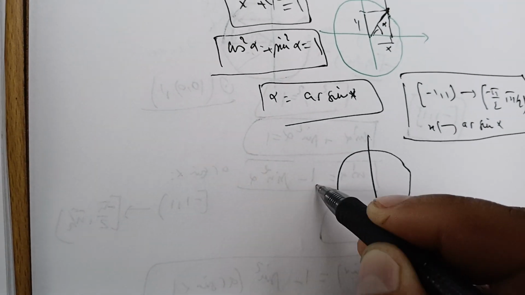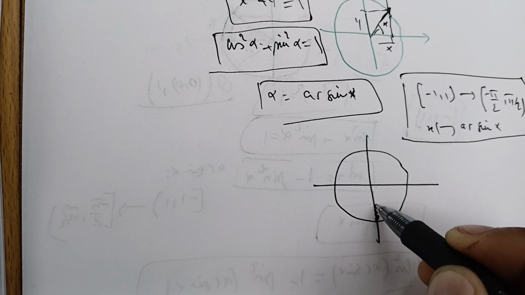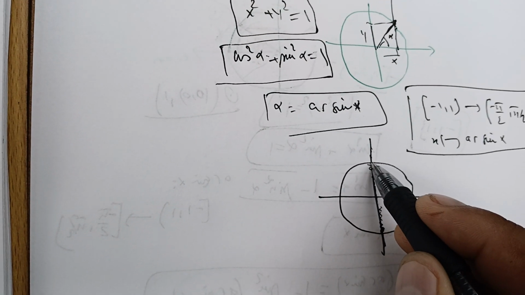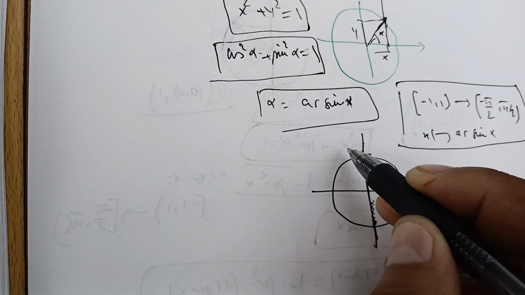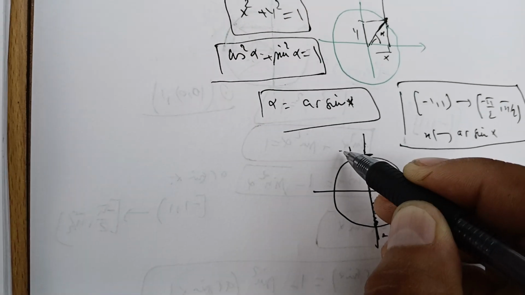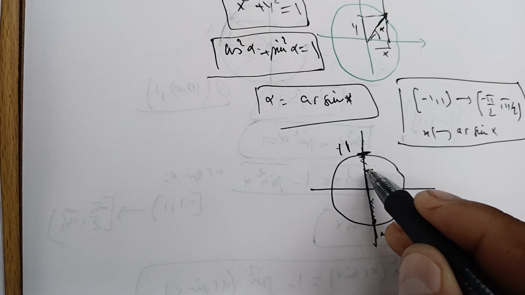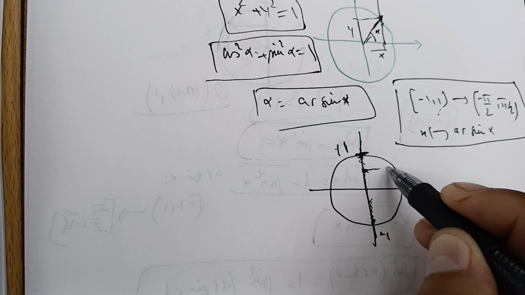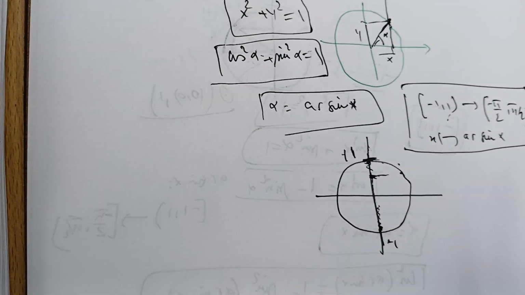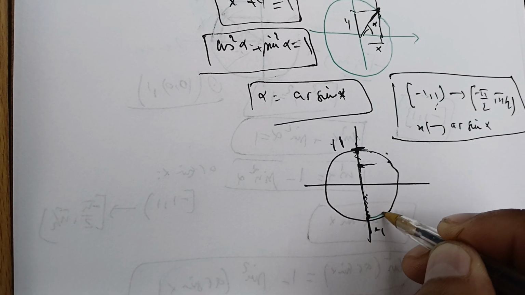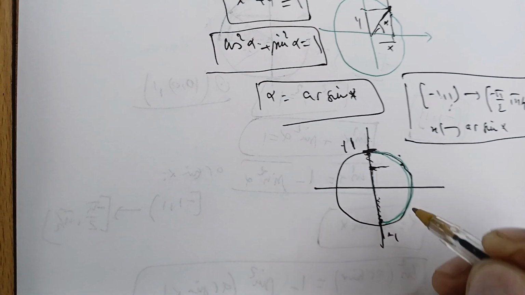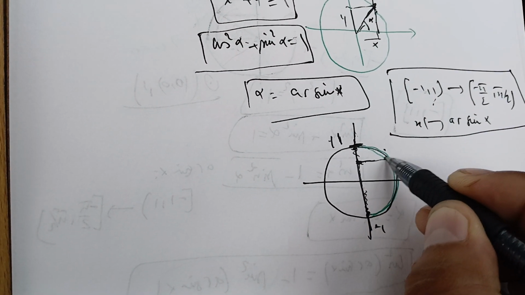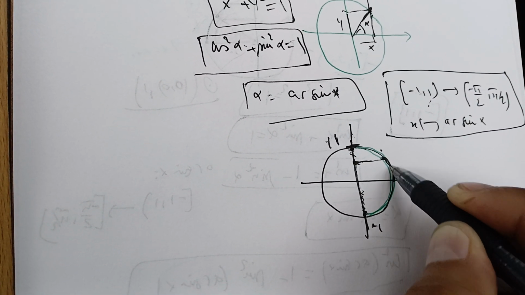The domain for the arcsine is minus 1 to 1. Any x that I take from -1 to 1, I project it onto minus pi over 2 to pi over 2, and the arcsine is just this.